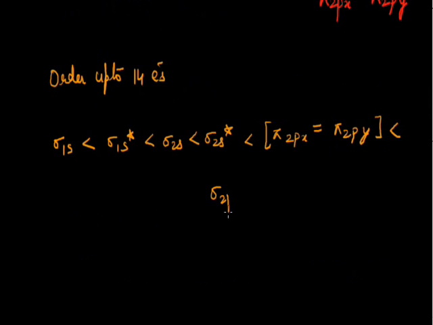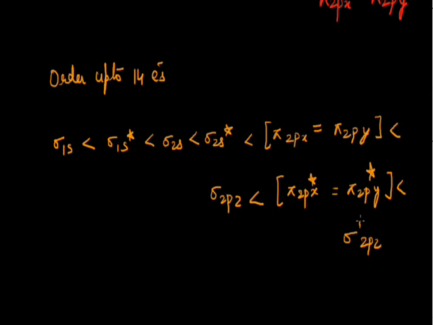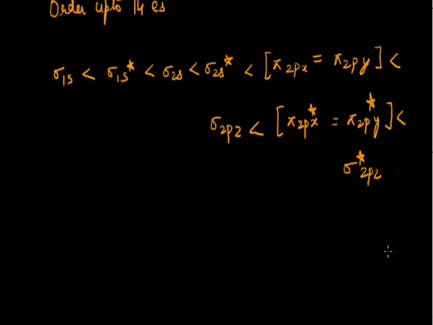Then sigma 2pz, pi 2px star, pi 2py star, sigma 2pz star. This is the order up to 14 electrons.